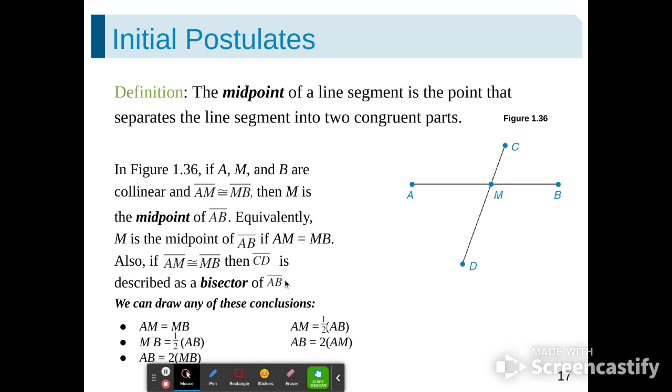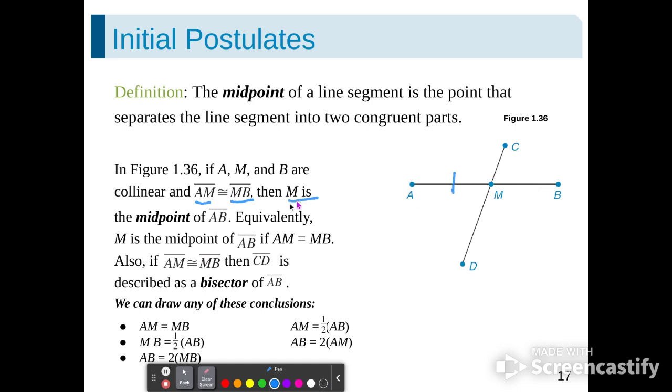The idea of midpoint comes up next, a definition that we can use with these postulates. A midpoint is the point that separates a line segment into two congruent parts. In figure 1.36, we have A, M, and B, and they're collinear. One symbol we can use to mark congruence is to say that line segment AM is congruent to line segment MB.